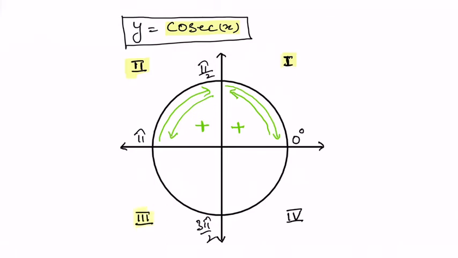In the third quadrant, if x is approaching towards 3 pi by 2 or pi, y is approaching towards minus infinity because in the third quadrant cosec x is negative. Similarly, in the fourth quadrant, if x is approaching towards 0 or 2 pi, or it is approaching towards 3 pi by 2, then y will be approaching towards negative infinity, because in the fourth quadrant cosec x is negative.